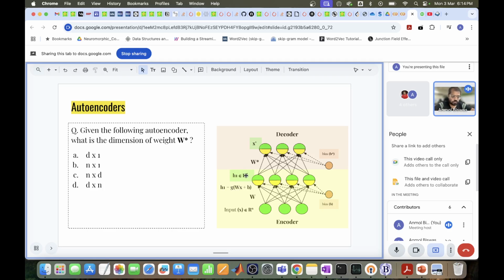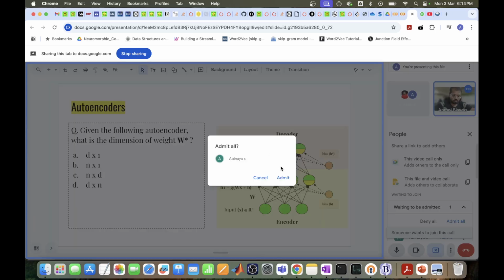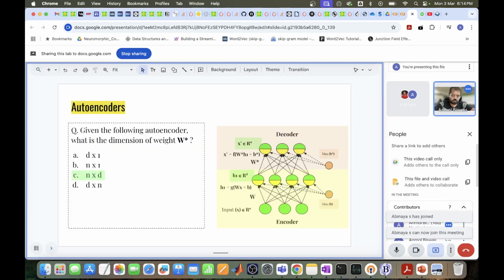Then you multiply by W star and you get x prime, which, remember, is an autoencoder, so x prime should have the same dimensions as x, which means x prime should be n-dimensional. So W star times h1 should be n-dimensional, which means W star should in fact be n by d, right? So yes, the answer is correct. N by d is in fact the correct option.